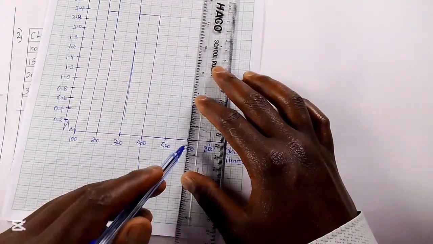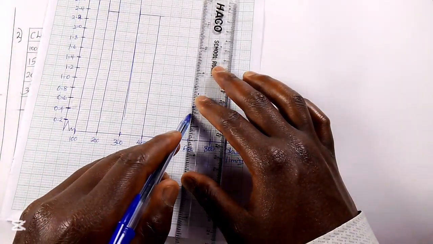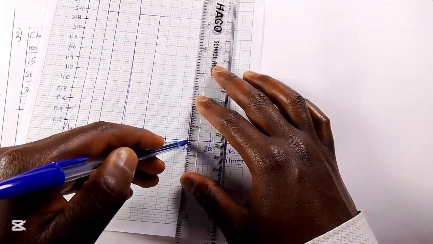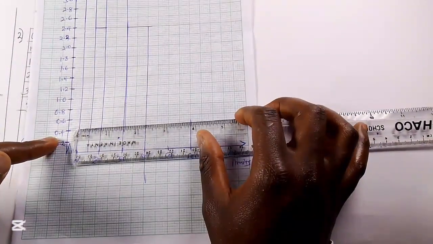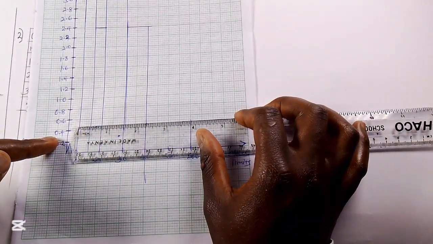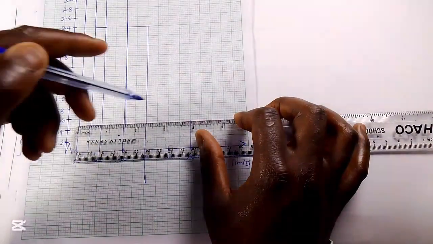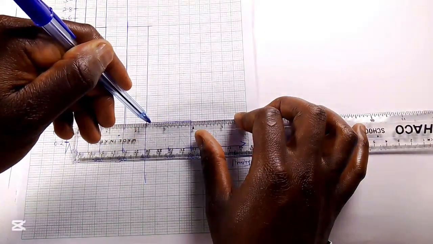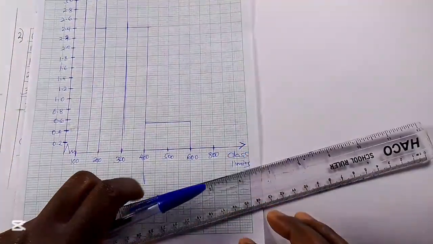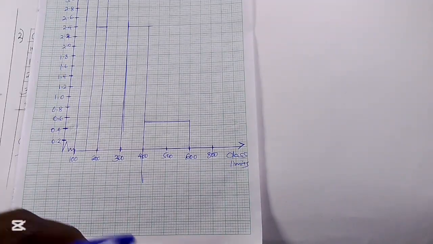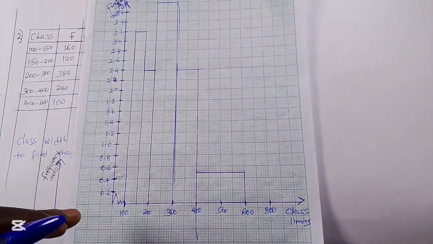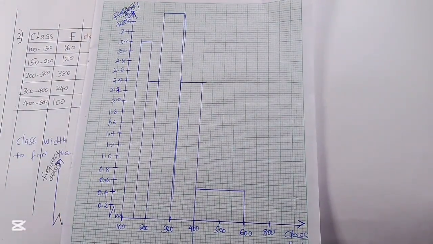Between 0.4 and 0.6, that is where 0.5 is, so we will draw it here. That is it. This is now our histogram.